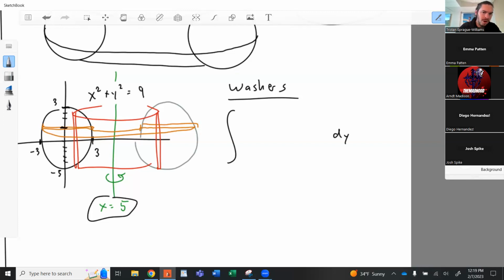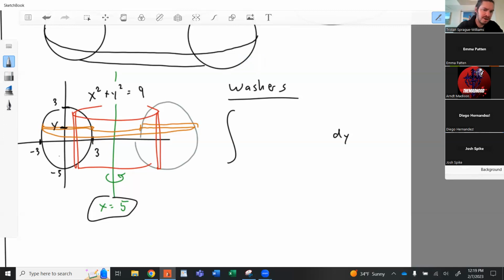Each washer is determined by which y value you're looking at. The washers don't go this way, they go in this direction, corresponding to the y's. So it's going to be a dy.